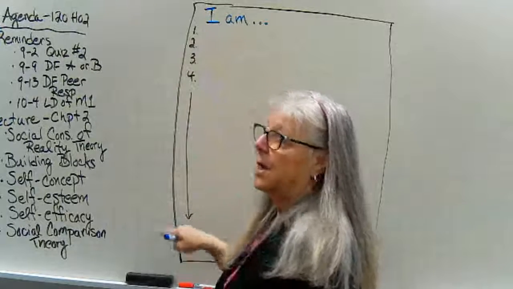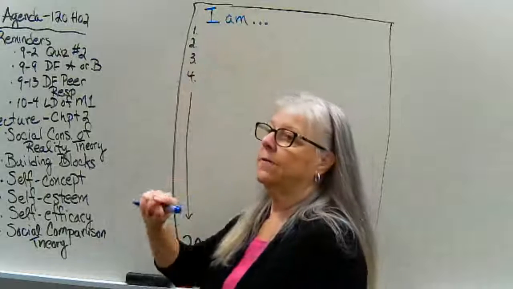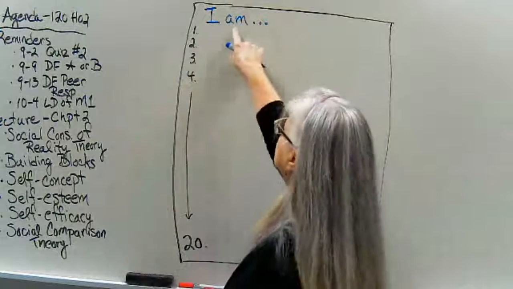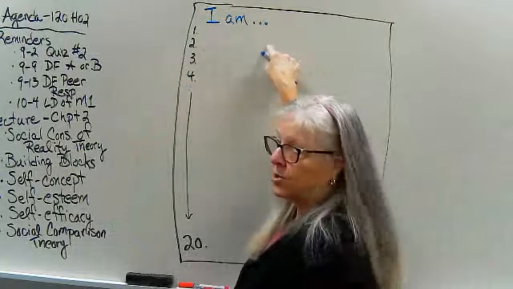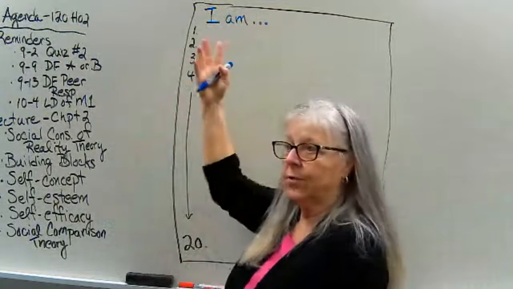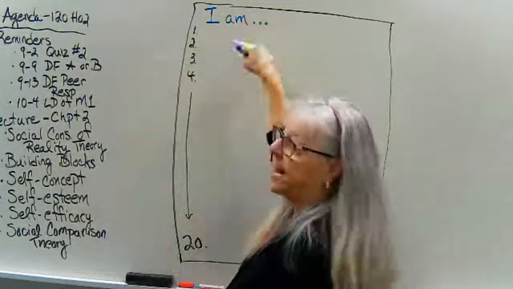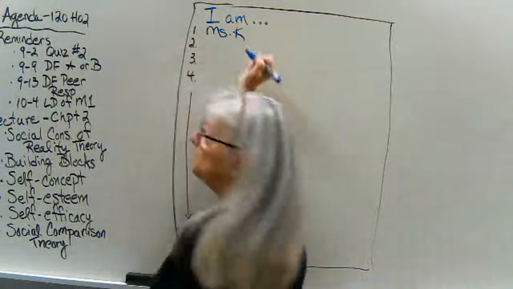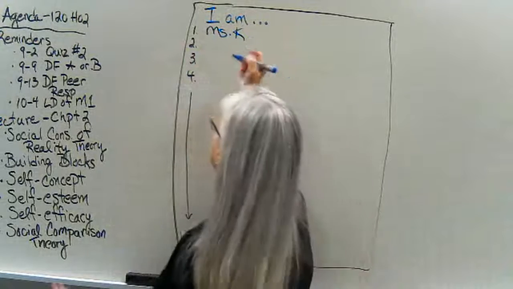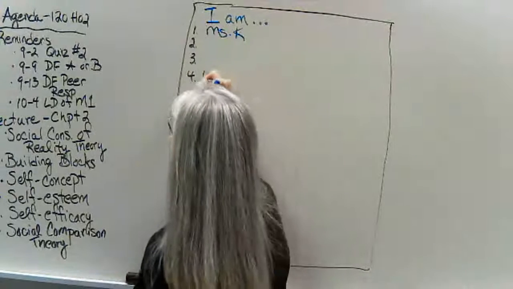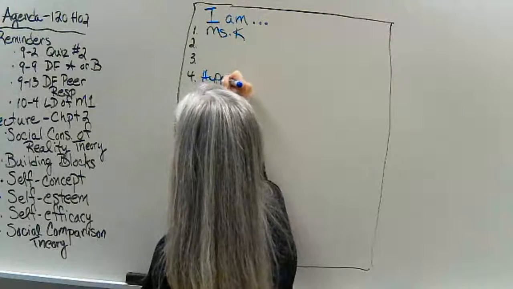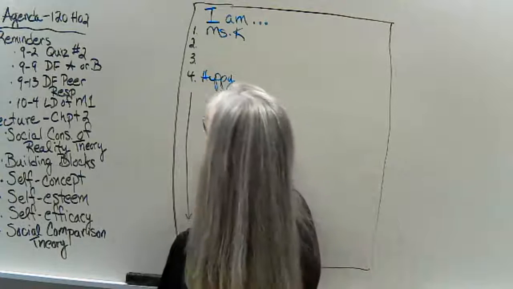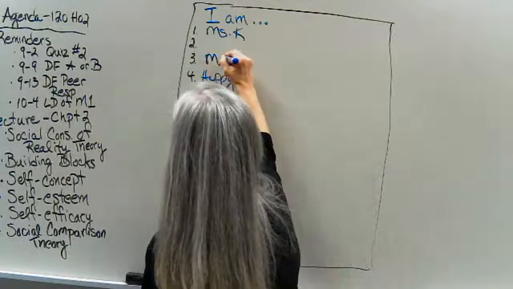I am going to give you exactly 2 minutes to complete that sentence for each one of these. So for instance, I might say, I am Ms. K. Or I might say something like, I am happy. Or I might say, I am a mom.